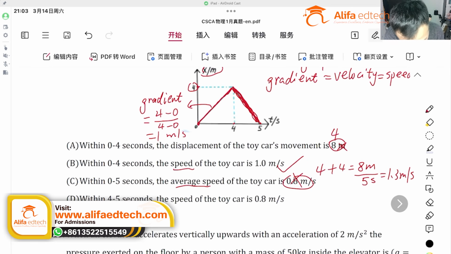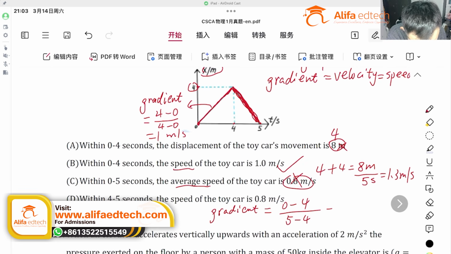So the gradient is 0 minus 4 divided by 5 minus 4. So the answer D is not correct. So the correct answer is B.